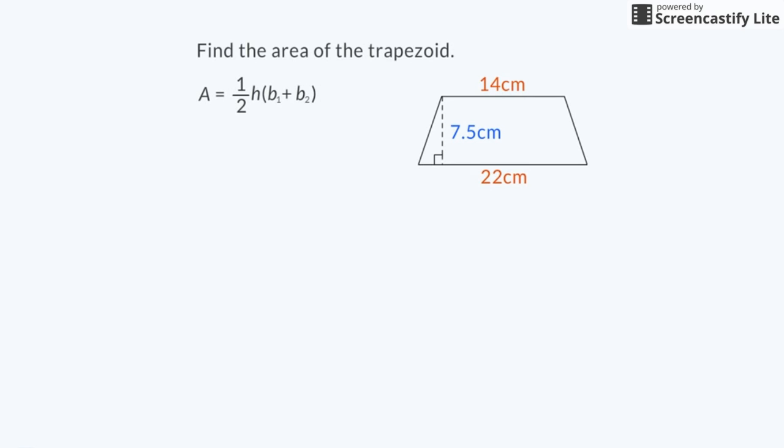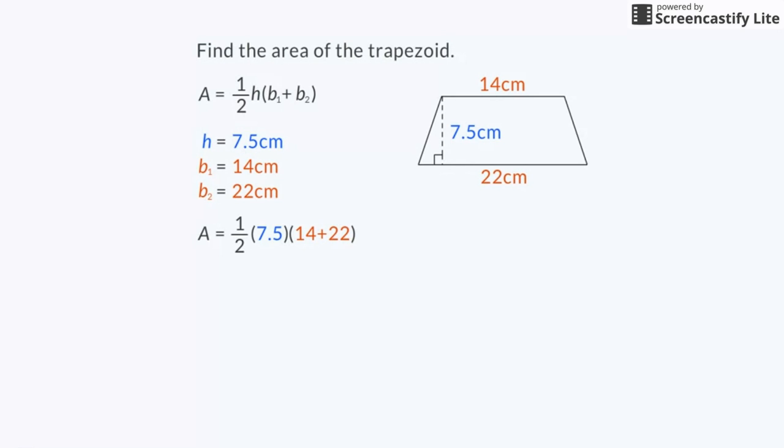Area equals 1/2 times the height times the sum of base 1 and base 2. I know the height is 7.5 centimeters. One base is 14 centimeters, and the other base is 22 centimeters. This gives me A equals 1/2 times 7.5 times the quantity 14 plus 22.